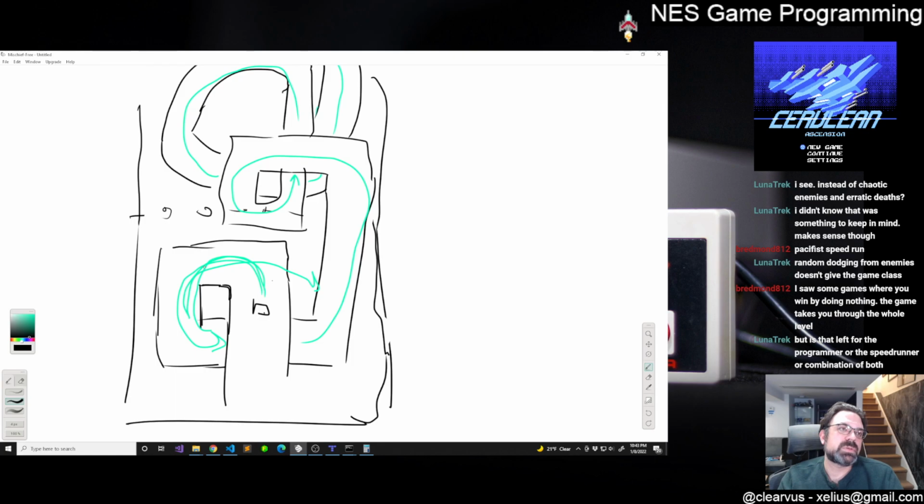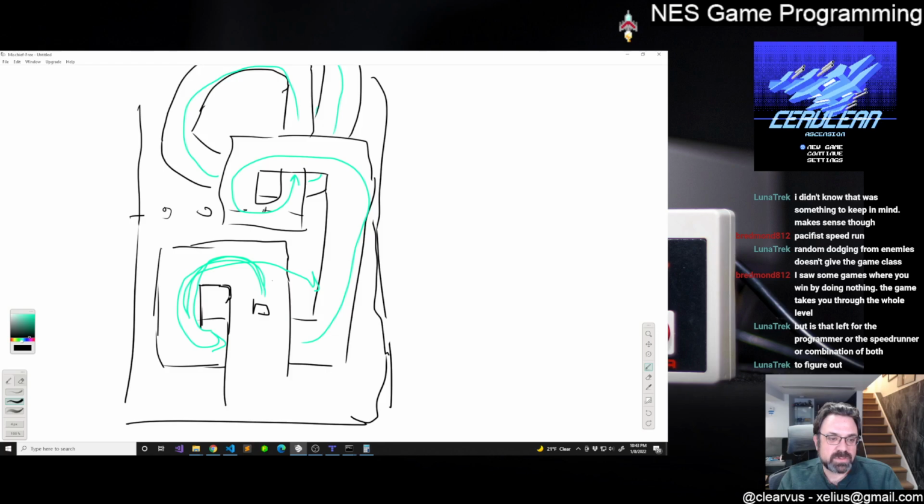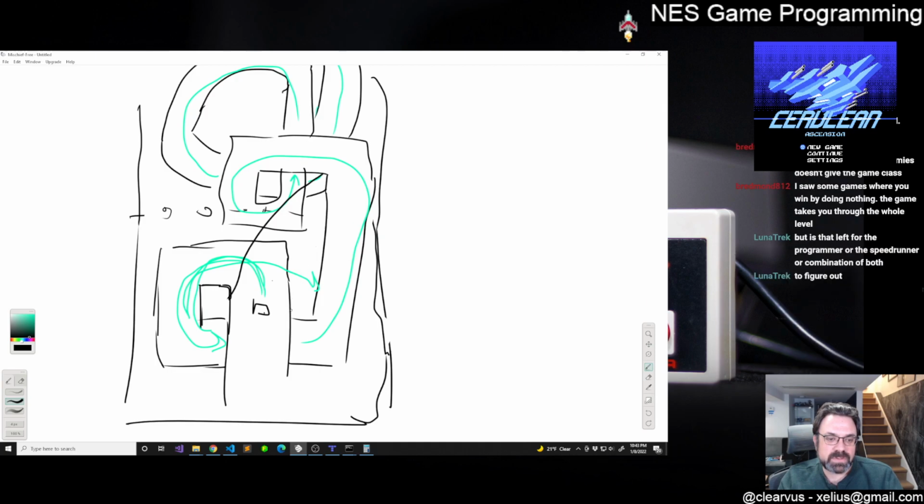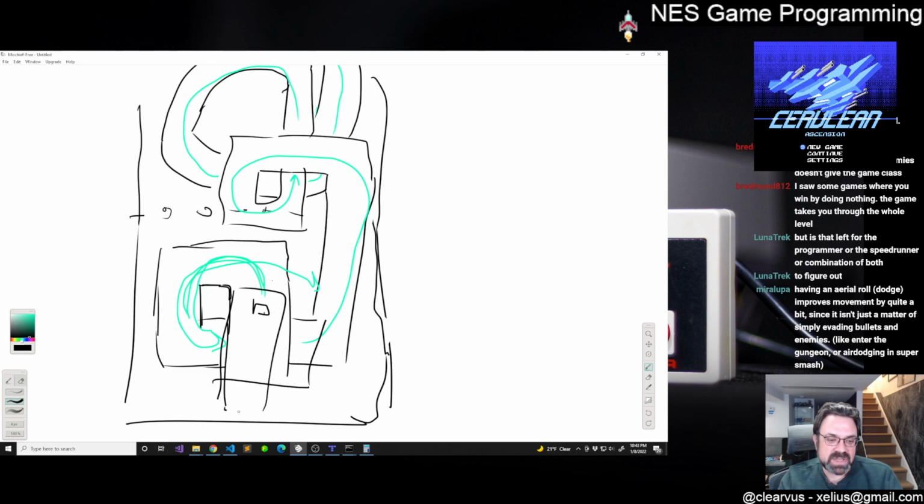Is that left for the programmer or the designer? I think a combination of the two, because no matter how good my design skills are, it might be possible that I'm looking at it from this perspective, and a speedrunner sees that through some fluke of the way the enemies are placed, there's a better, clearer path to not only get a better score, but also more quickly make it through by just going over here, or maybe you want to hang back for a moment and then intersect the line over here and then scoot through.